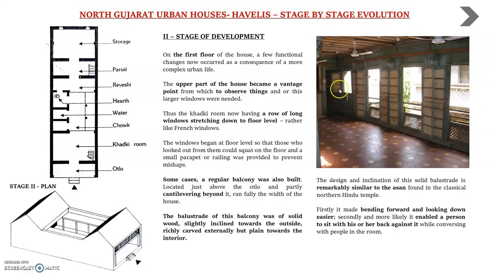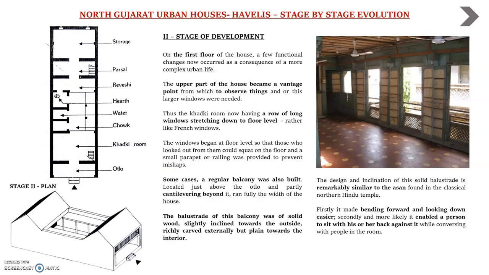So one unique feature in this particular Katki room is the windows facing the outside or the street. These will be floor to roof height. So they will be having these full-height windows, and up to some level they will be having small projections, like restrictions so that someone may not fall off.